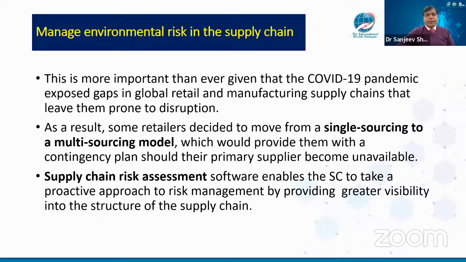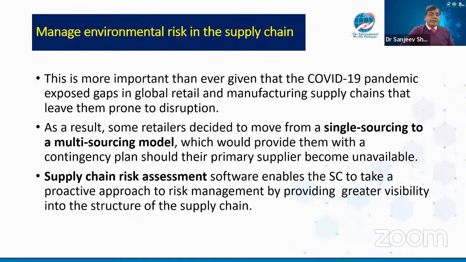Most of us, before COVID-19 struck us in 2020, had single sources of supplies. We started moving to multiple sources of supplies. Even at the international level, China was the manufacturing hub. Now countries have started looking at other manufacturing places other than China.